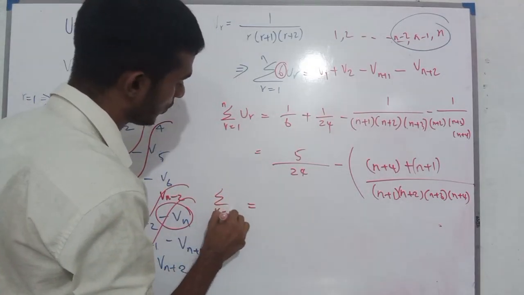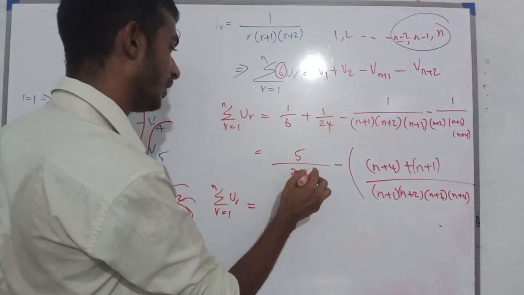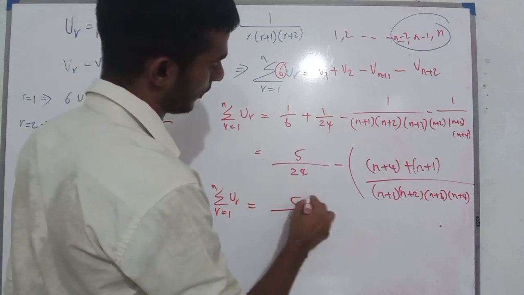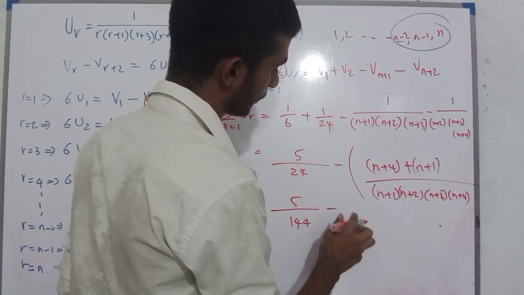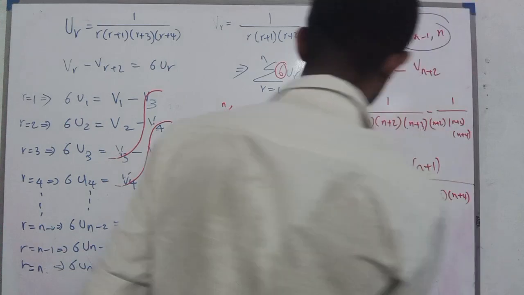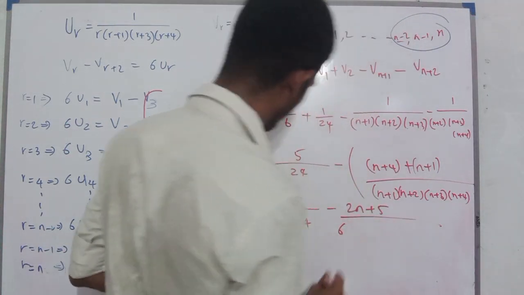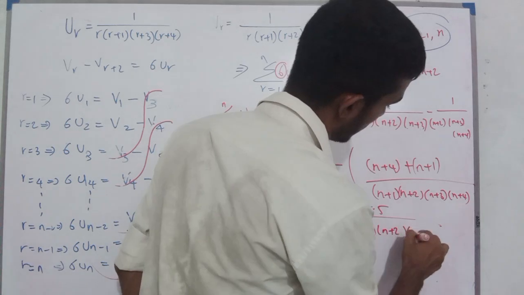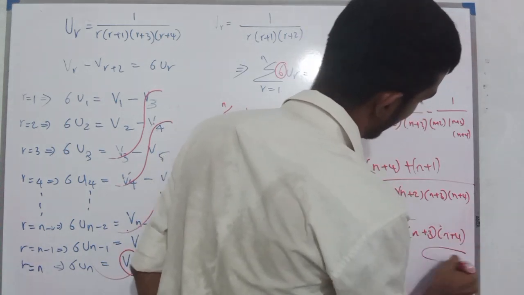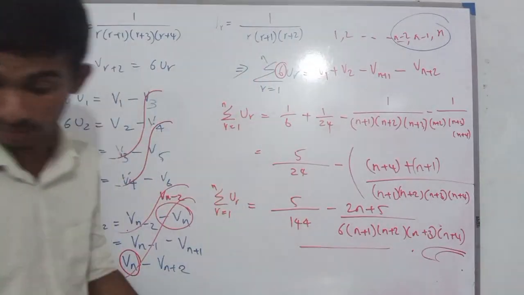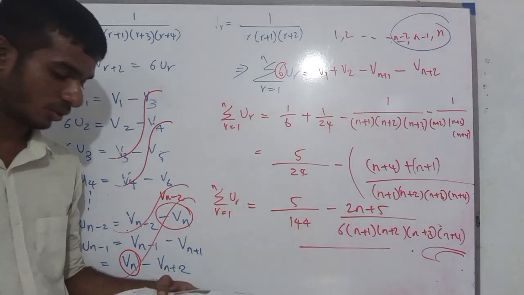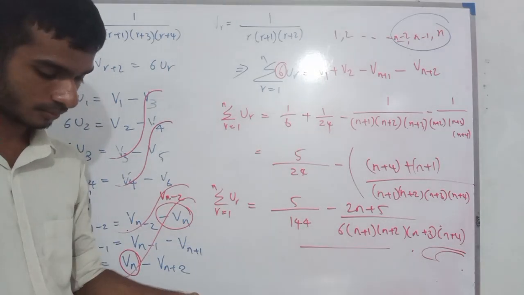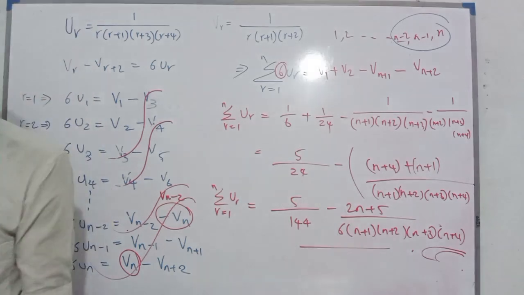So the summation of u_r, r equal to 1 to n, is equal to 5 divided by 6 minus, you see, 2n plus 5 divided by 6, because I am dividing the entire equation by 6, times n plus 1, n plus 2, n plus 3, n plus 4. So we have shown this also. This is what they have requested us to show.